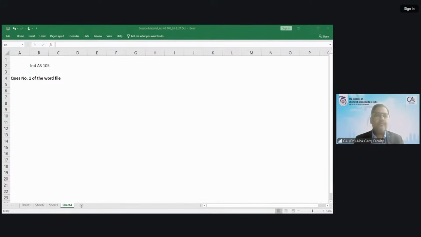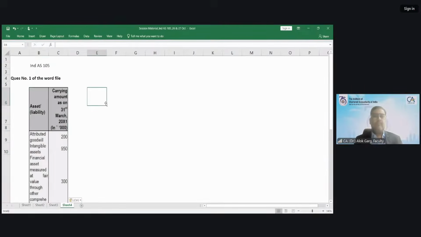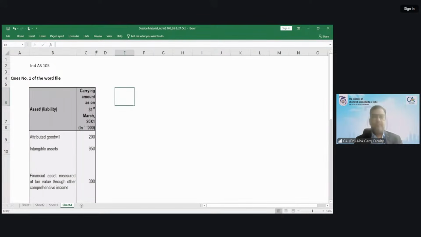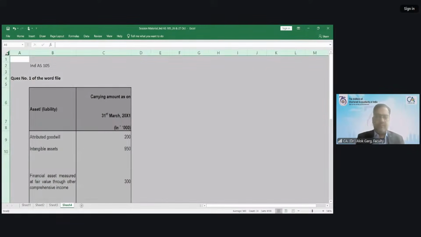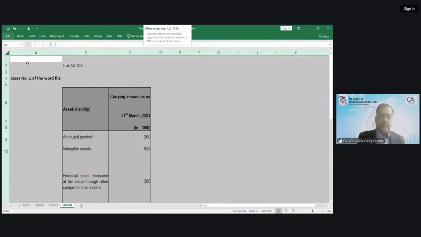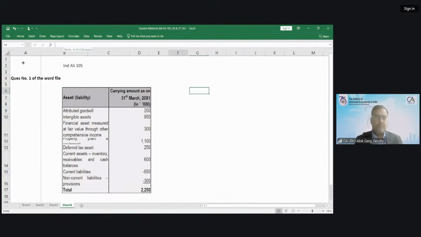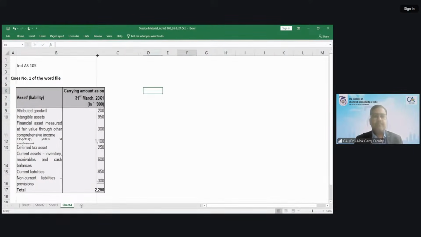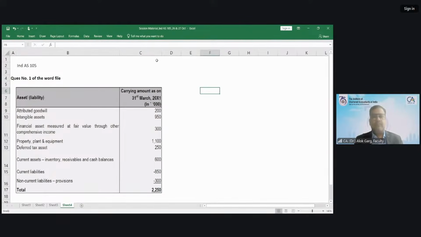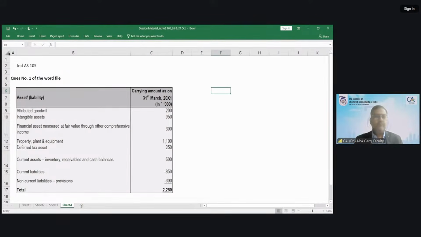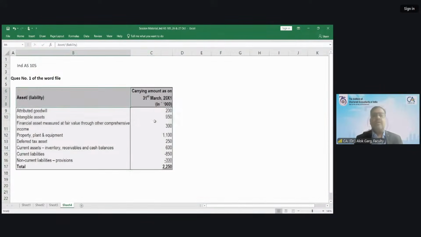Just allow me a minute. Friends, these are the values which are given. Can you see on the screen?